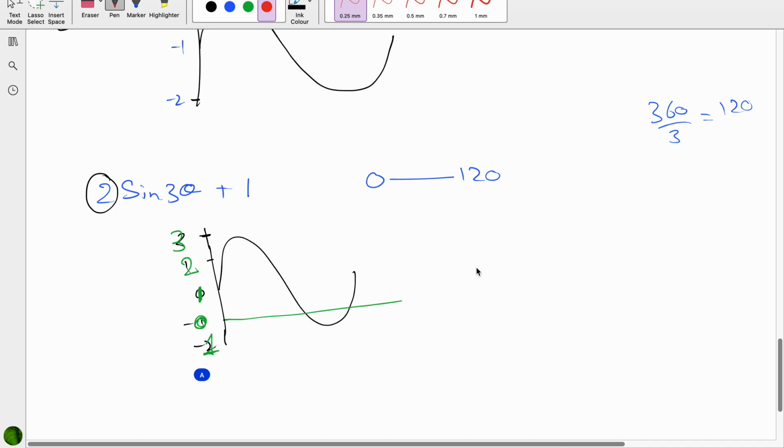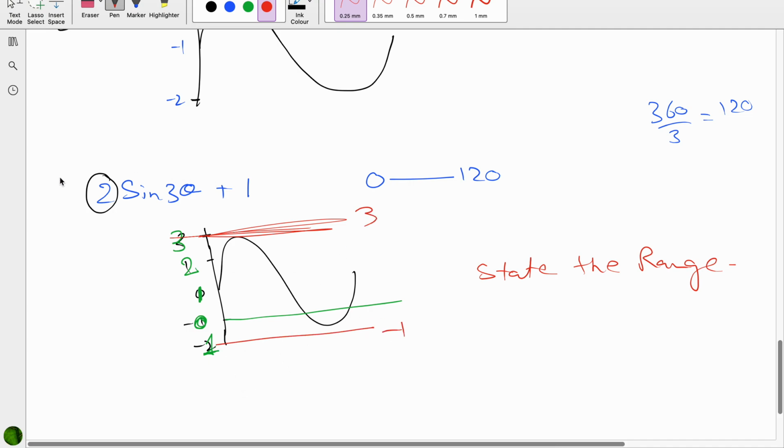Then we have a question which says state the range. For this particular question, I can say that the range is from 3 to minus 1. So let's say this is a function, and I can say this function ranges from minus 1 to 3.